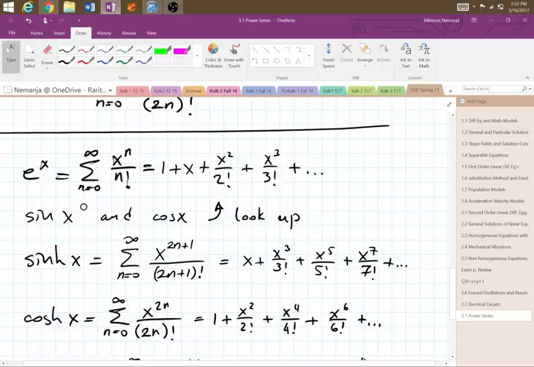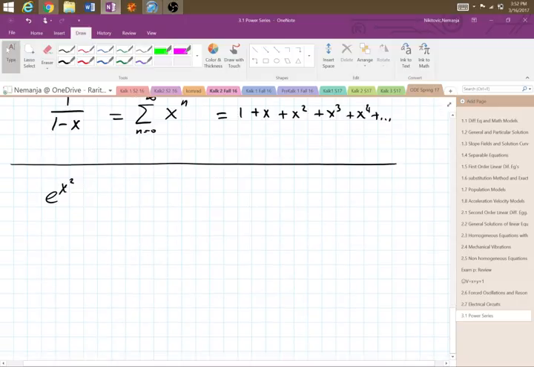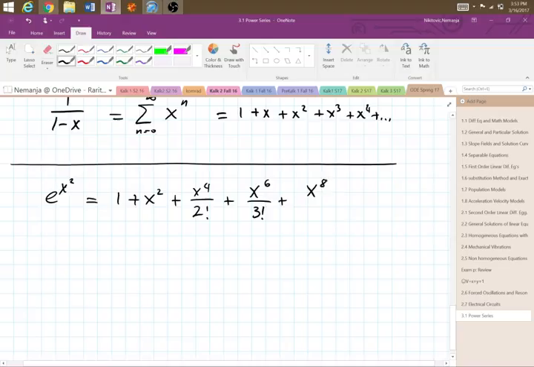Function composition. It works. So this is going to be the regular e to the x with x squared plugged in for x. So that's going to be 1 plus x squared plus x to the 4th over 2 factorial plus x to the 6th over 3 factorial plus x to the 8th over 4 factorial, and then go on forever.